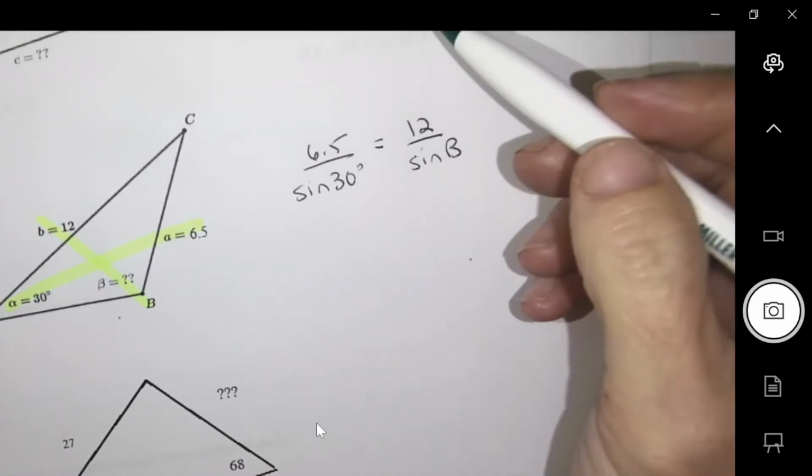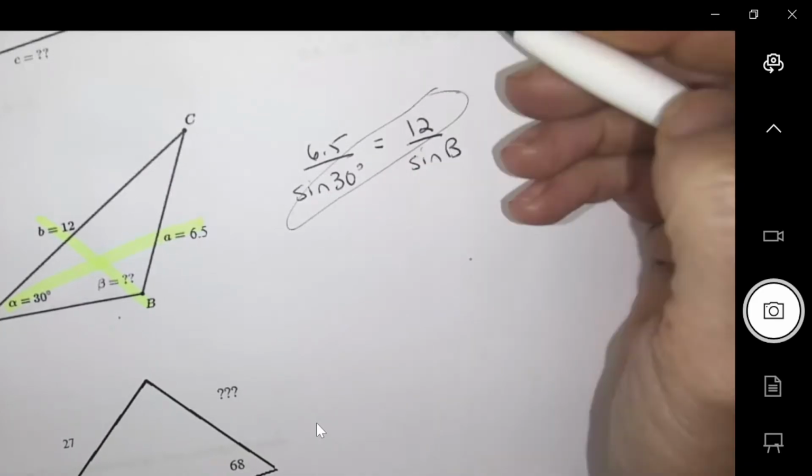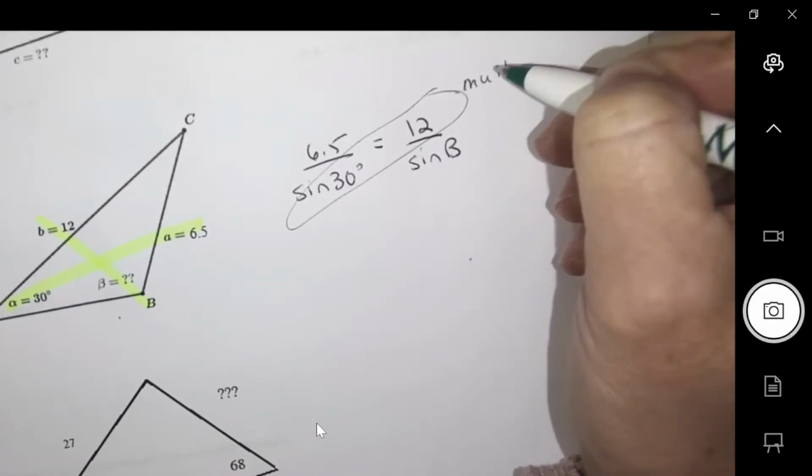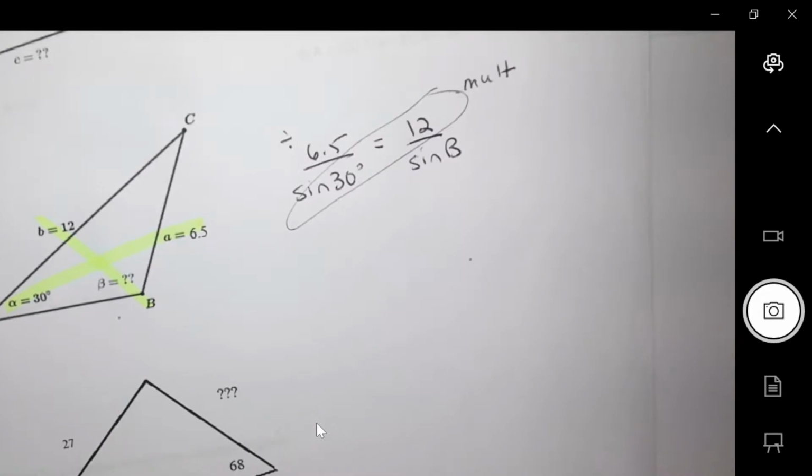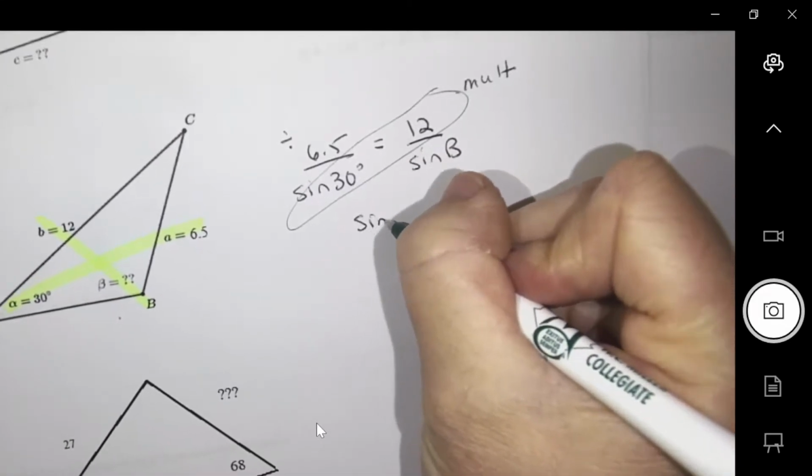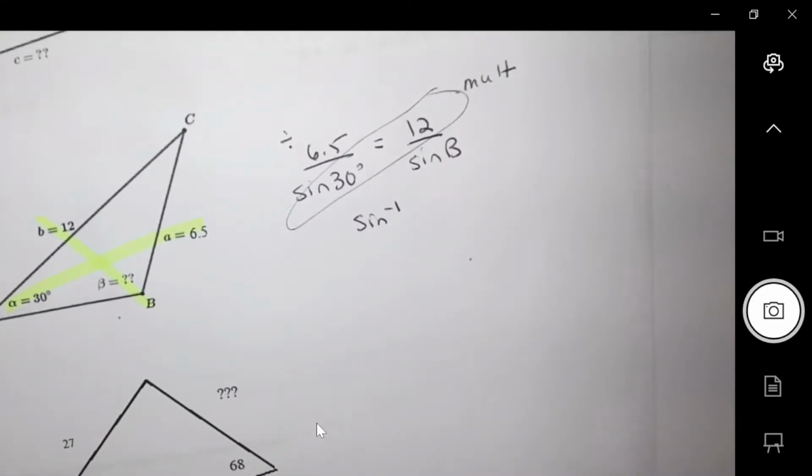So timesing that set, dividing. And what's the situation when it's an angle? We're going to have to inverse at the end. So let's work. Let's see if we can all match.